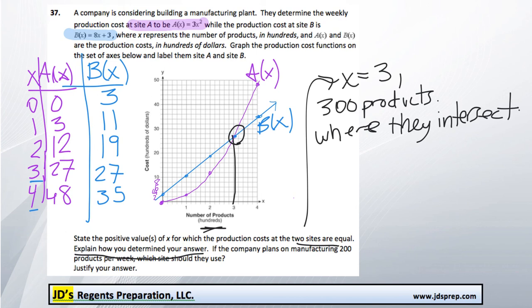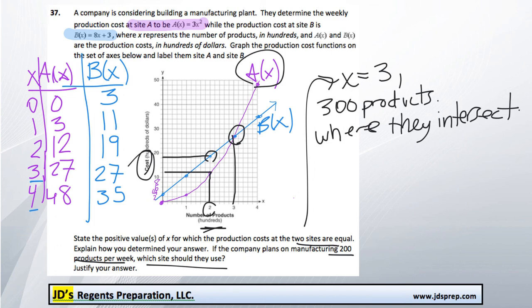Now, for the last question, if the company plans on manufacturing 200 products per week, which site should they use? Because obviously, we want the cost that they're spending to be as little as possible. We can see that if we look at 200 products, that's right here, we can see that the purple graph, that's A of x, has a lower cost compared to the B of x graph.